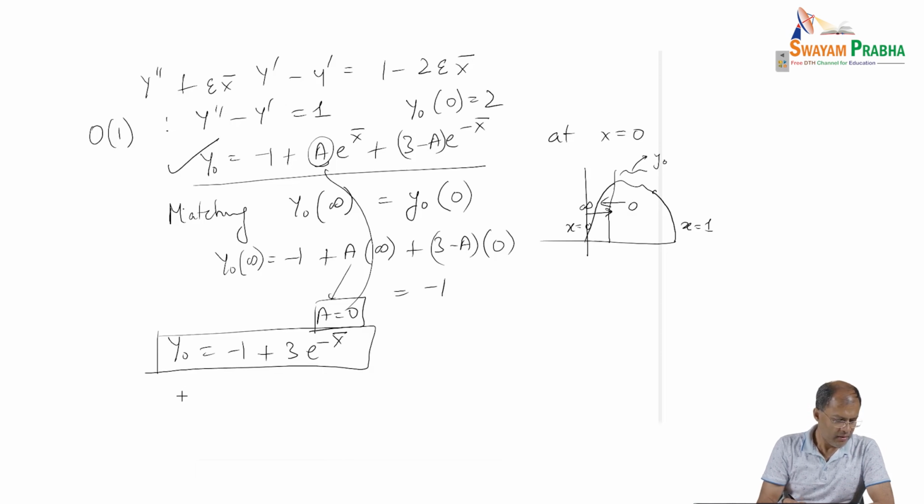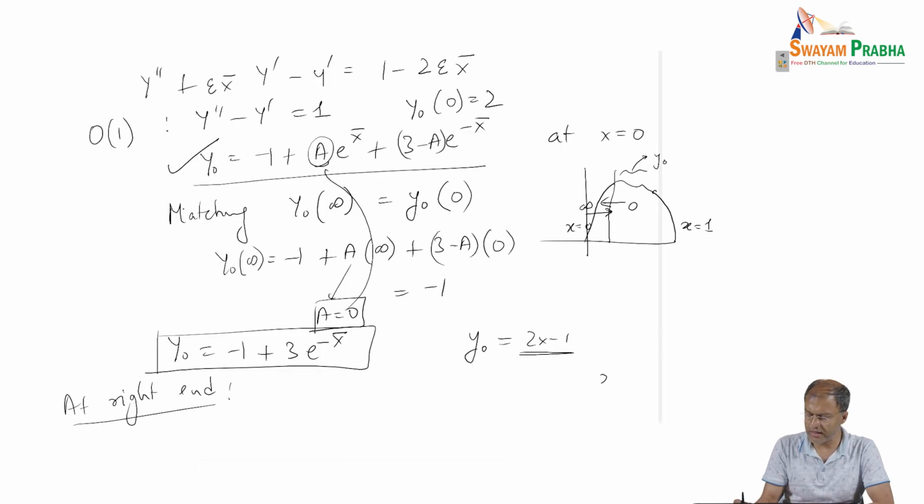Okay, so this is the solution at the left end. The solution at the center was of course 2x minus 1, that is through regular perturbation. How about at the right end? At the right end, that is at x equal to 1, we now have to use a rescaled variable which is x minus 1 over epsilon to the power gamma, right?